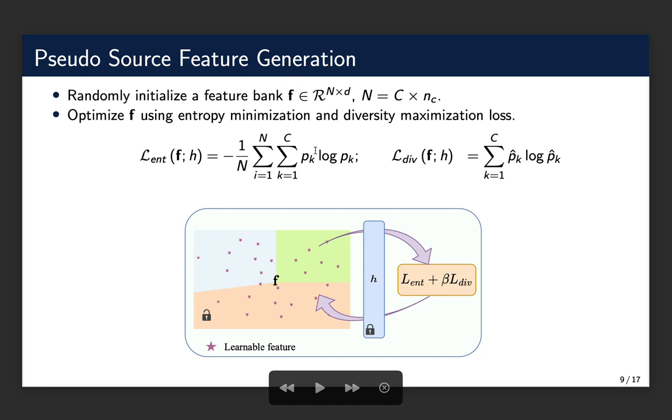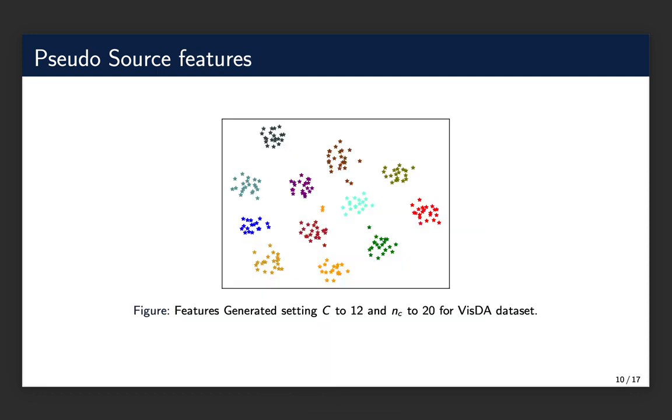The entropy minimization loss aims to cluster the samples, while the diversity loss aims to maximize the entropy of the class distribution. This is to prevent the trivial solution of all the features belonging to the same class and to generate approximately equal numbers of features per class.